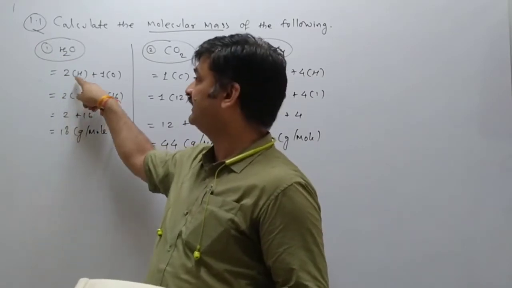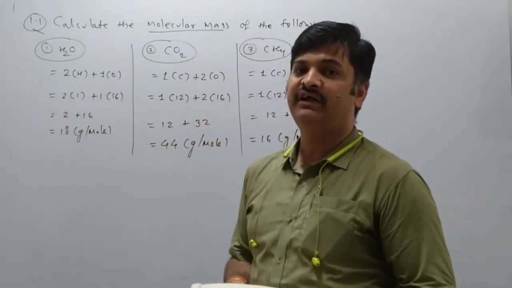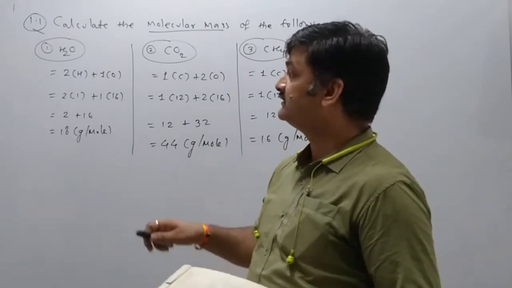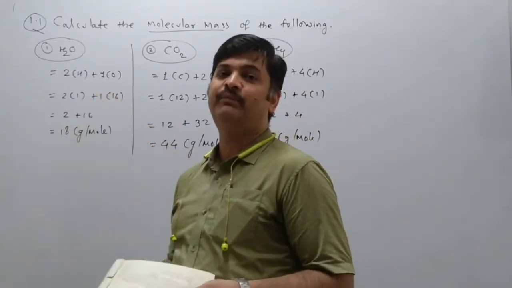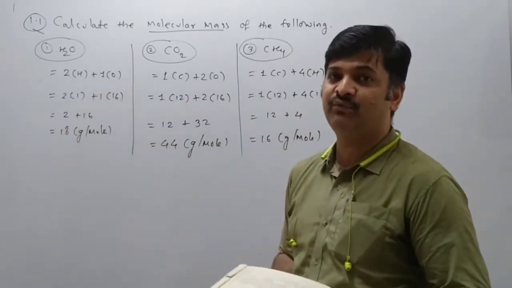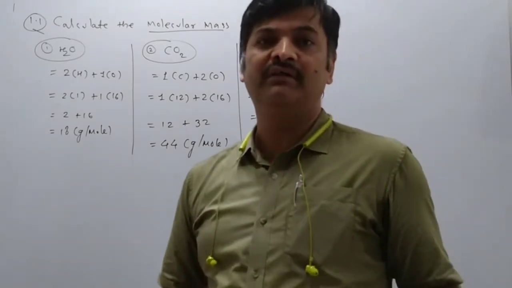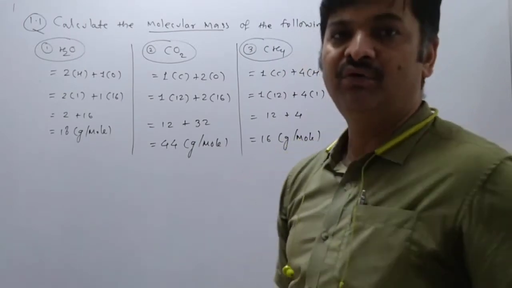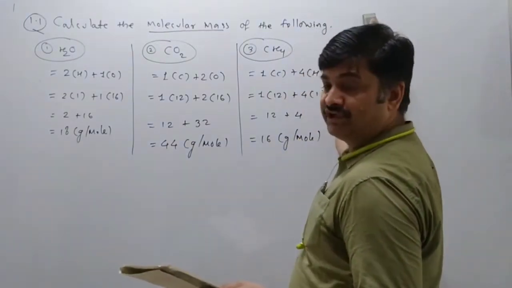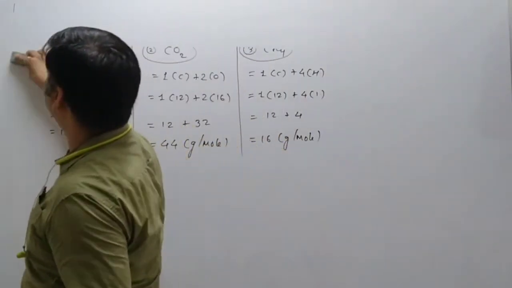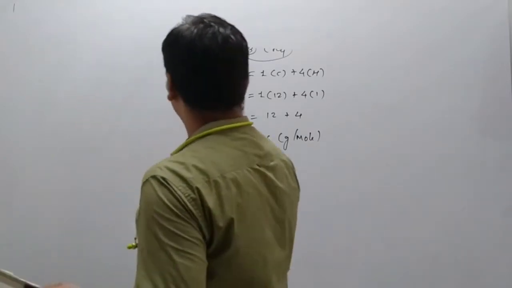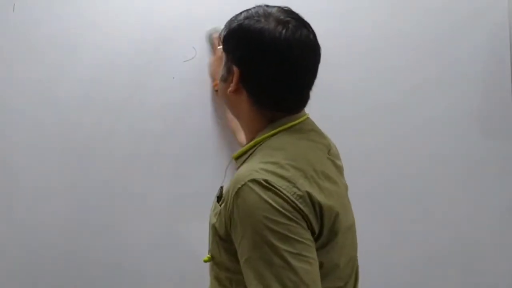And then, if mass is not given in your numerical problem, then consider mass with the help of the periodic table, which I have already told you. So this is complete information of question number 1.1. Now question number 1.1 is completed, and we will discuss question number 1.2.